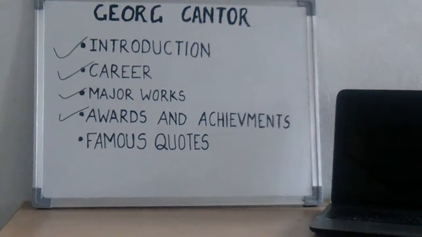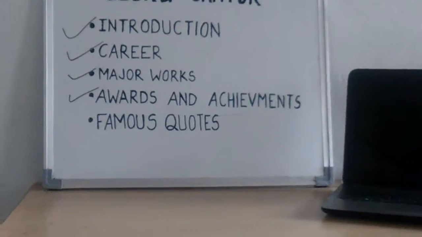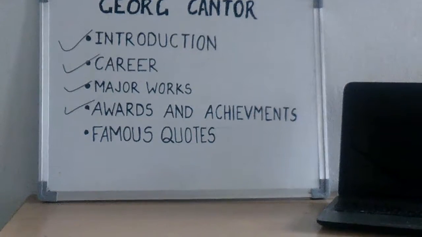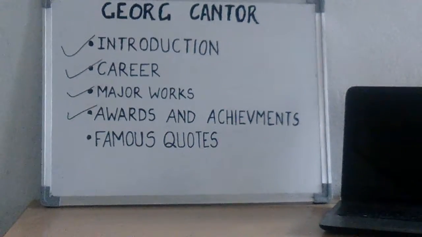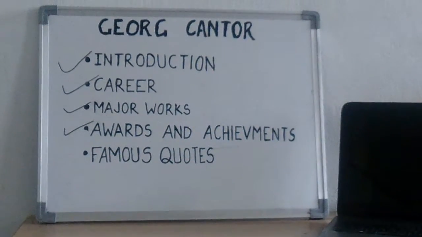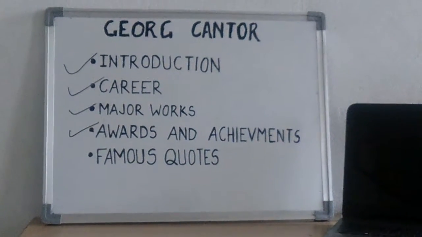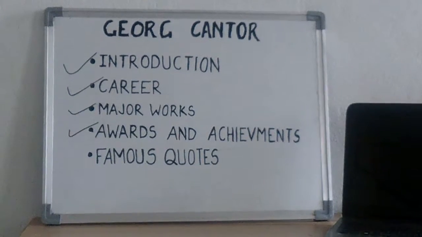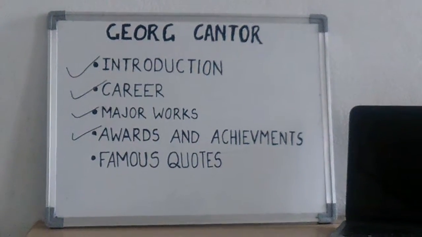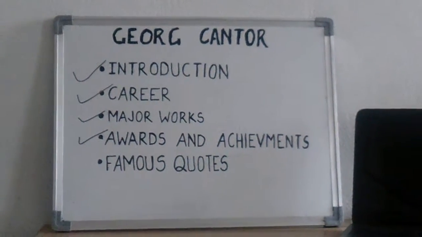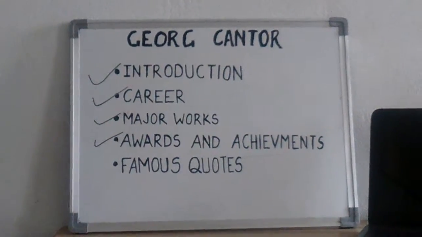Some of the famous quotes are: "My beautiful proof lies all in ruins." Second, "The essence of mathematics is in its freedom." Third, "Some infinities are bigger than other infinities." Okay, so this was Georg Cantor, the famous German mathematician.